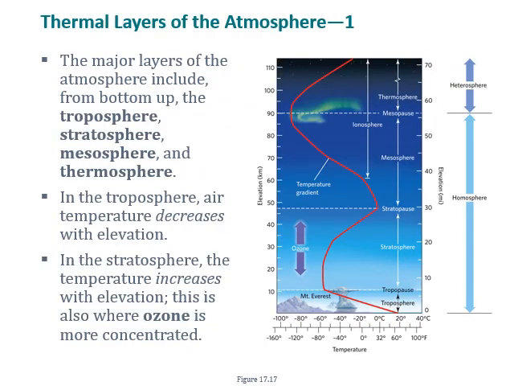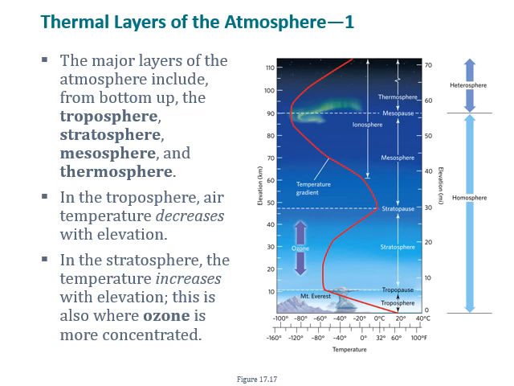The major layers of the atmosphere include the troposphere, stratosphere, mesosphere, and thermosphere from the bottom up. In the troposphere, air temperature decreases with elevation. Conversely, in the stratosphere, air temperature increases with elevation, and this is a result of the presence of ozone concentrated in the stratosphere.